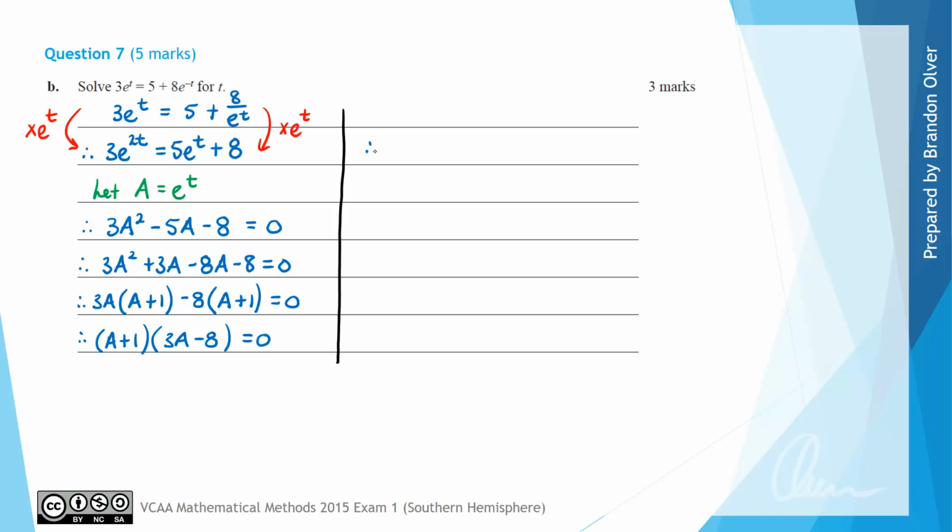So continuing our work over here, the null factor law would say that A plus 1 could equal 0, or that 3A subtract 8 could equal 0. So therefore, we know that A could equal negative 1, but A was simply e to the power of t, so we have e to the power of t could equal negative 1, or we would have A is equal to positive 8 divided by 3, but we know A is simply e to the power of t, so e to the power of t could equal positive 8 divided by 3.